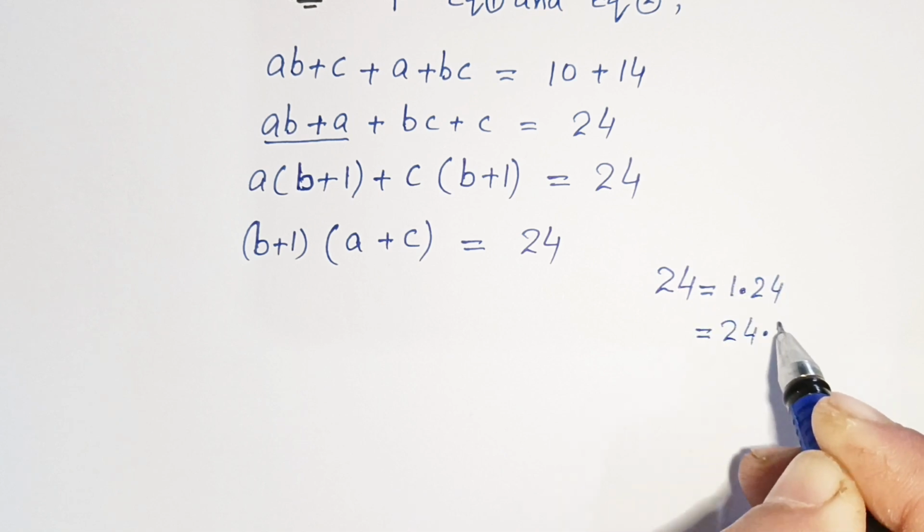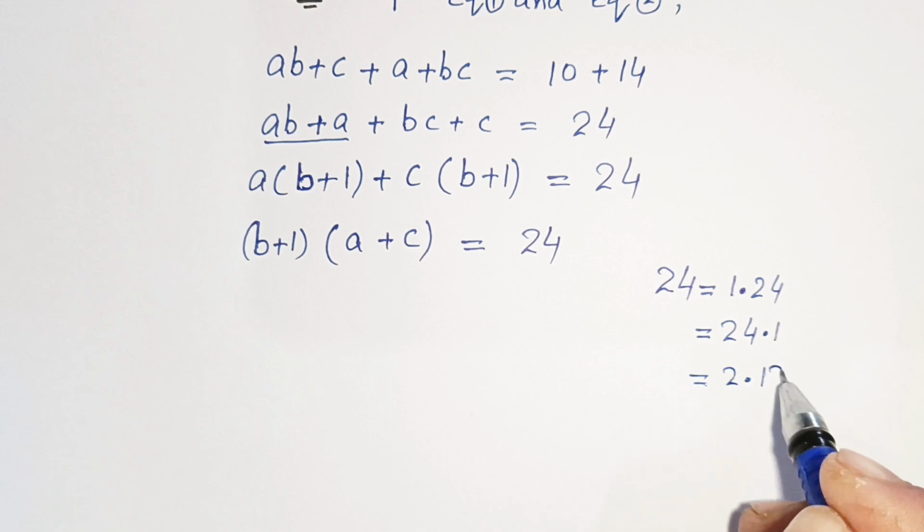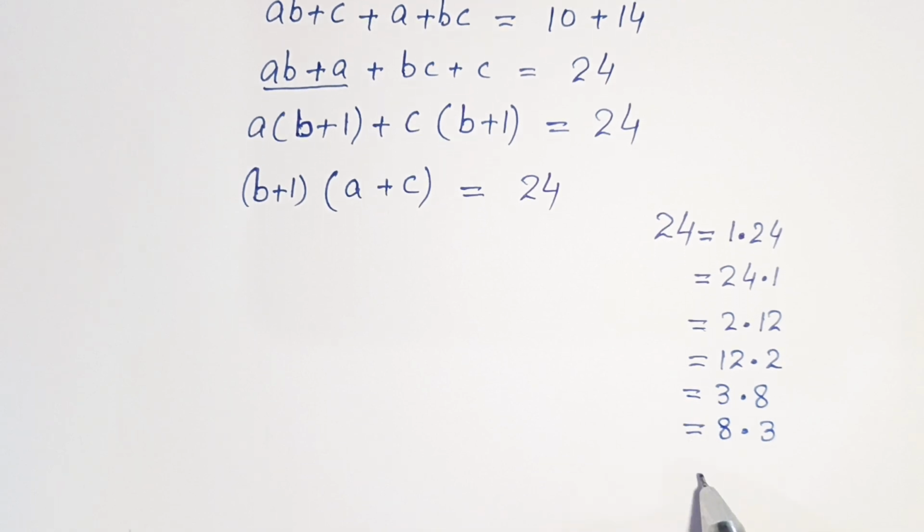Similarly 24 times 1 is 24, and 2 times 12 is 24, and 12 times 2 is 24. So 3 times 8 is 24, and 8 times 3 is 24. Similarly 4 times 6 is 24, and 6 times 4 is 24. These are all possible factors of 24.